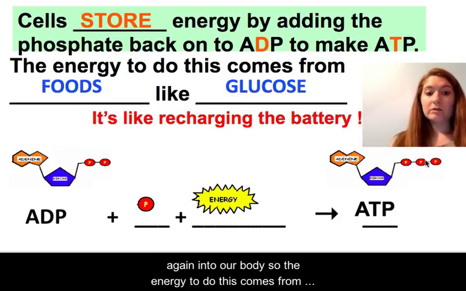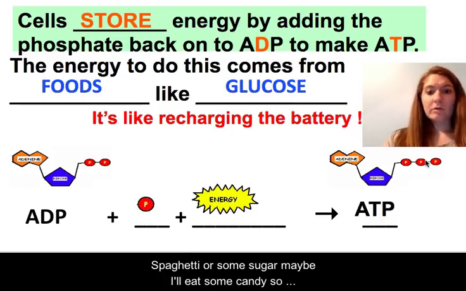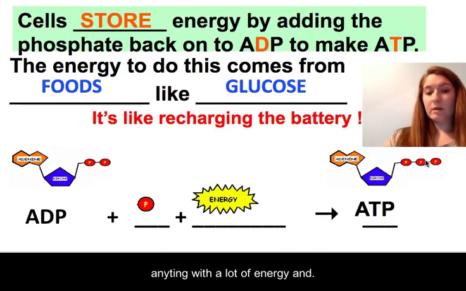So the energy to do this comes from foods like glucose, such as spaghetti, or if you need some sugar, maybe you'll eat some candy. So anything with a lot of energy in it.